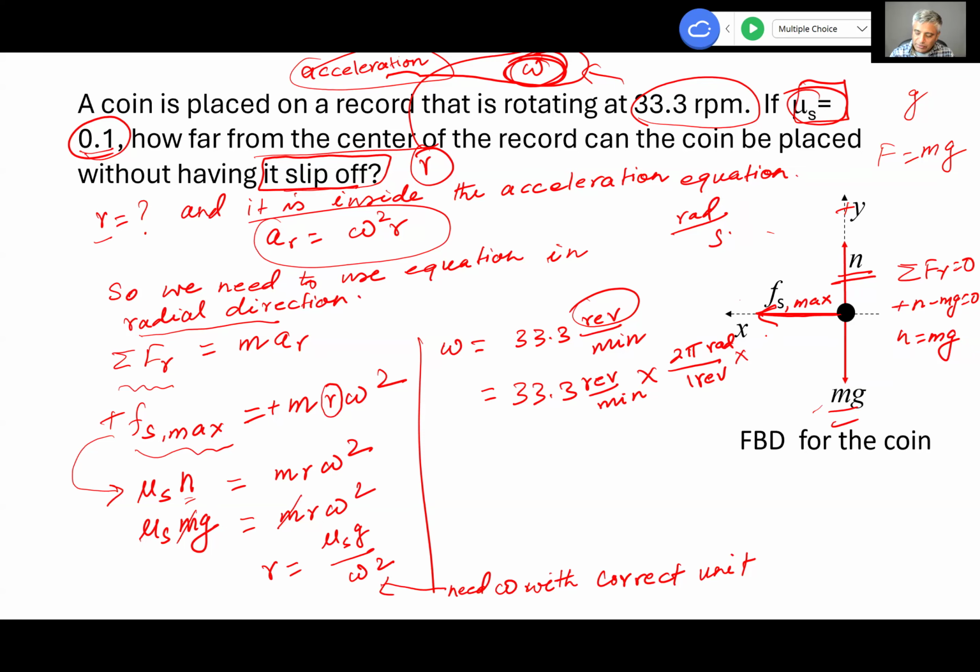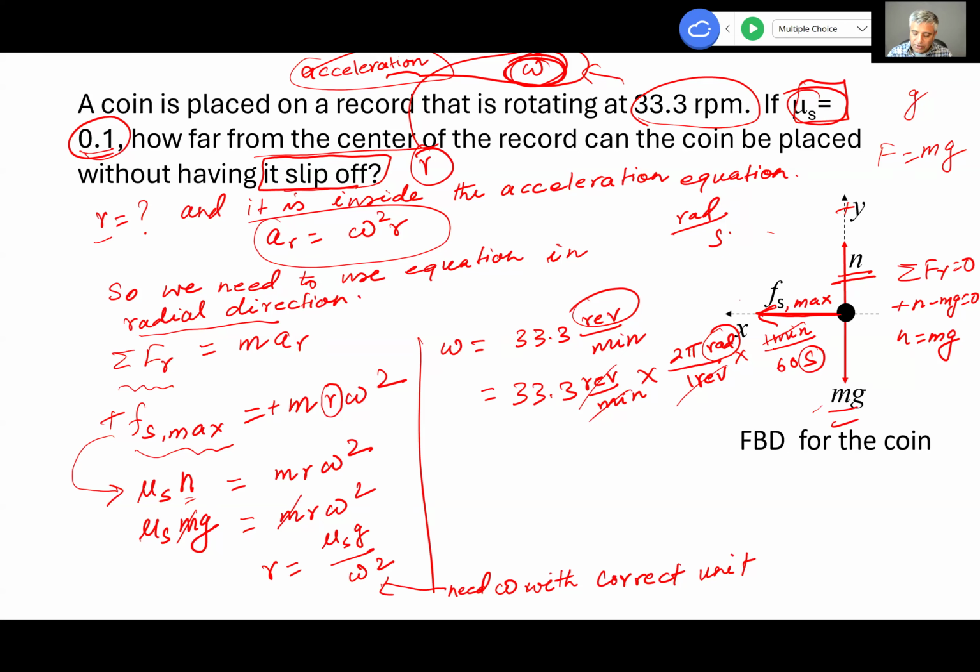And 1 minute has 60 seconds. So the minute cancels, this revolution cancels, and you are left with radian over second. And that's what we are looking for in terms of unit.